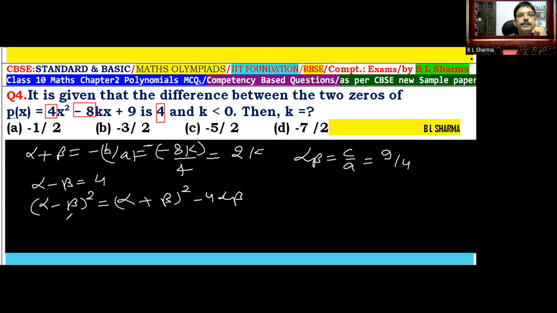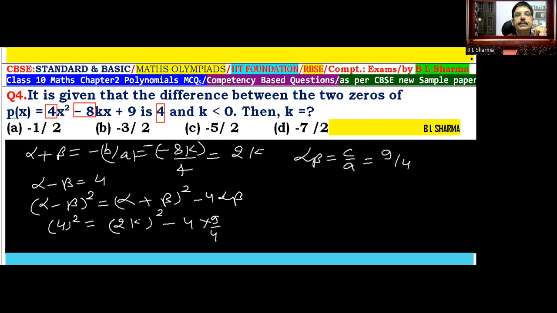So in place of alpha minus beta, you can put 4 square. In place of alpha plus beta, we can write 2k whole square, and minus 4 into 9 by 4, because the product of zeros alpha into beta is 9 by 4.